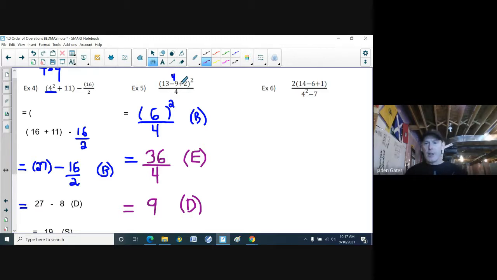Let's see here. Example 6. Okay, last one actually. So we got 2 times all this stuff in brackets, 14 minus 6 plus 1. And then down below there, we got 4 squared minus 7.